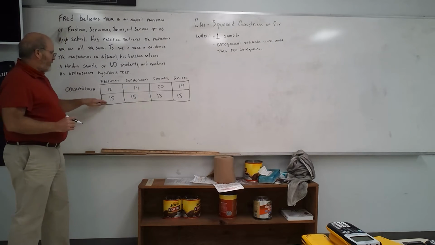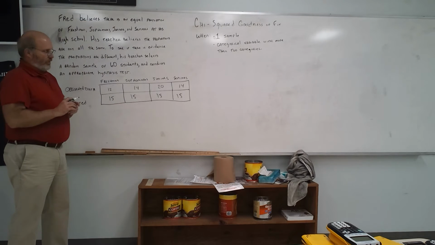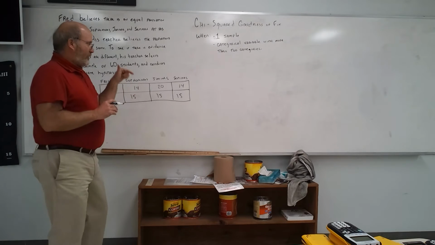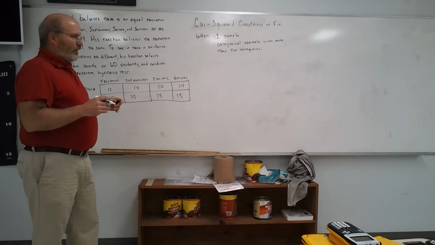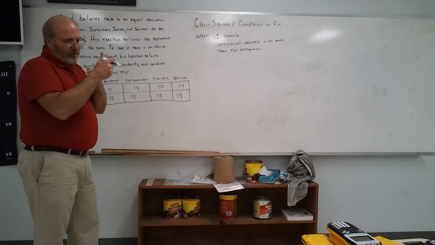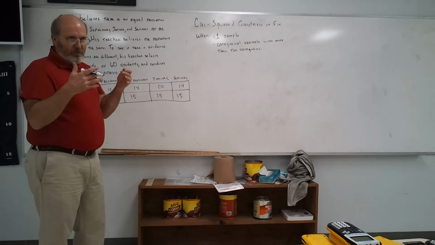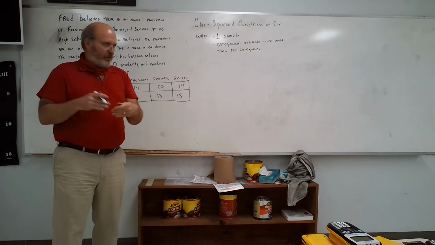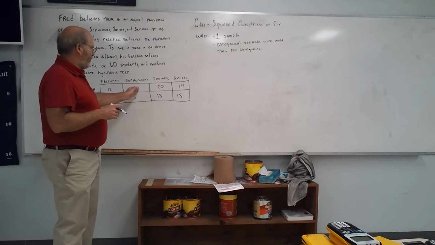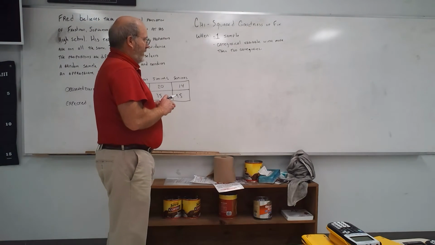And our expected is the distribution we would have expected if our assumption was true. So when we have one sample, a categorical variable with more than two categories, we're going to look to see if the proportion fits, that's the goodness of fit, some assumed distribution, assumed proportions for each of our categories. That's when we're going to use a chi-square goodness of fit test.